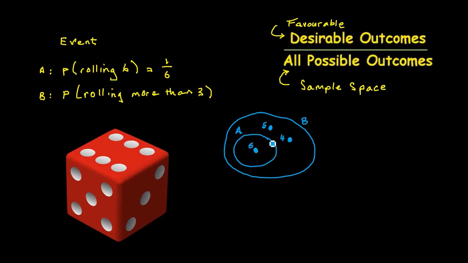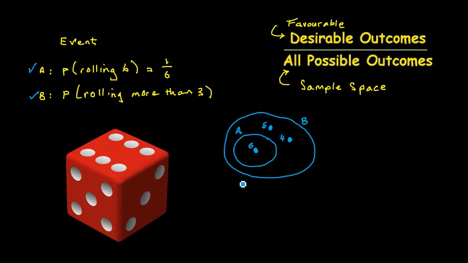Event A is overlapping entirely with the larger set, event B. So what we can say is these are not mutually exclusive. If I am looking at this event here, rolling a 6, then I could also be rolling more than 3. So they're not cancelling each other out. If that happens, that could also happen.